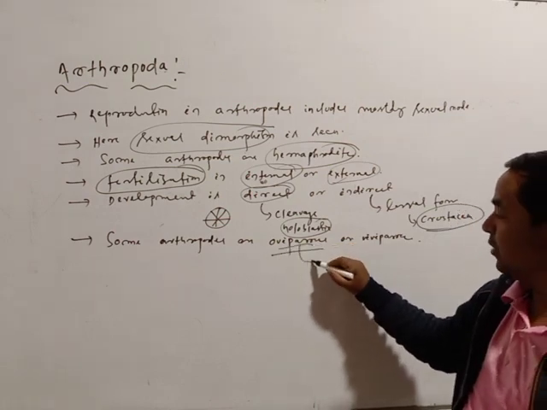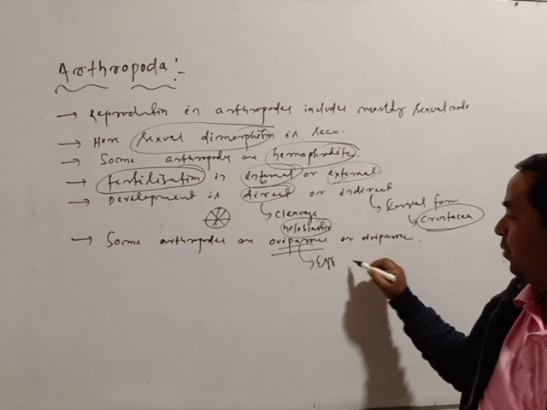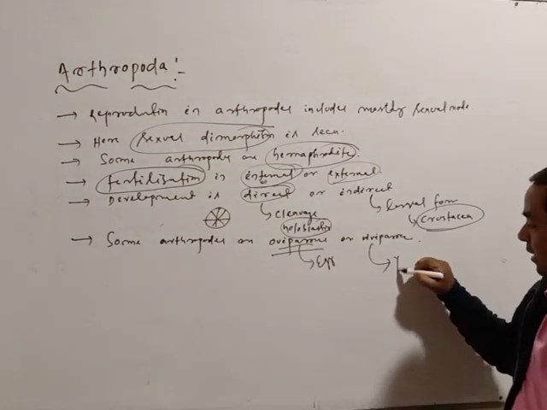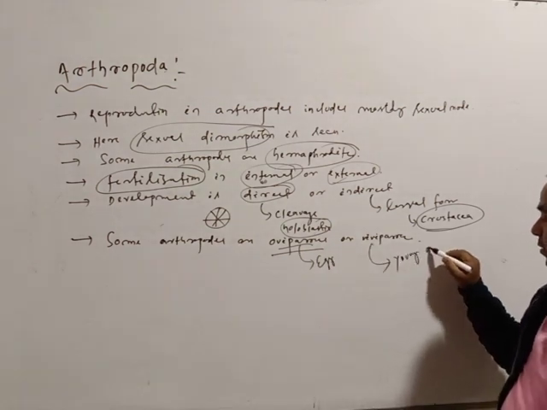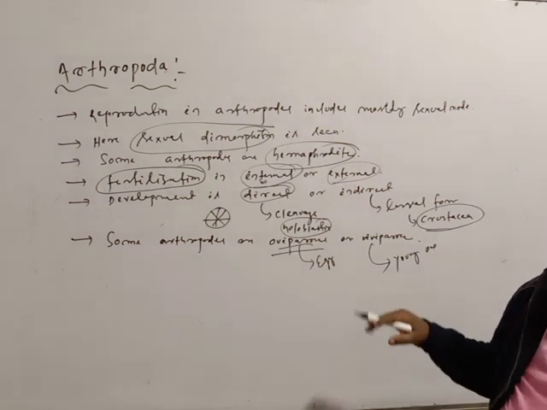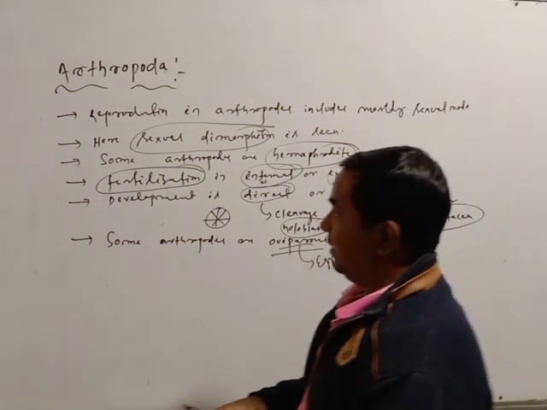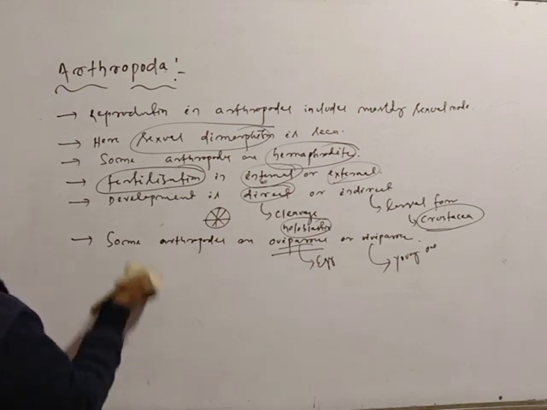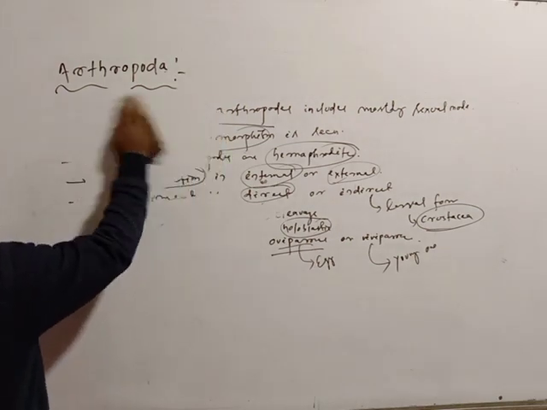Oviparous means those that lay eggs, and those that give birth to young ones are viviparous. So these are characteristic features of arthropods.